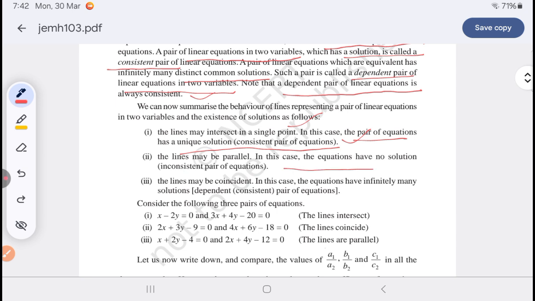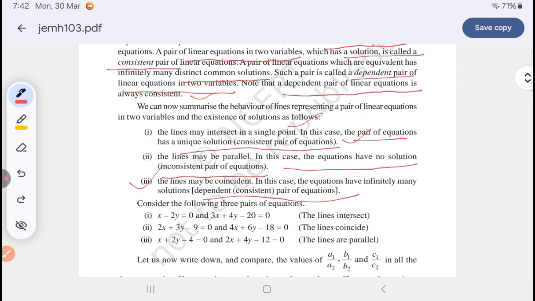In this case, there is no solution, that is, an inconsistent pair of equations. And third, lines may be coincident. In this case, there are infinitely many solutions, a dependent pair of equations. So the equations are overlapping each other. These are the three scenarios possible when you are dealing with a pair of linear equations.